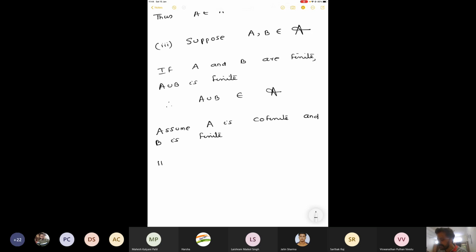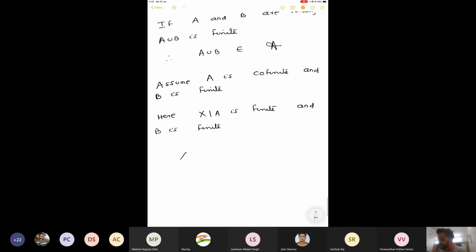Here, X minus A is finite and B is finite. What is your target? Your target is to prove that A union B is in script A. For that, you have to prove A union B is finite or A union B is cofinite.